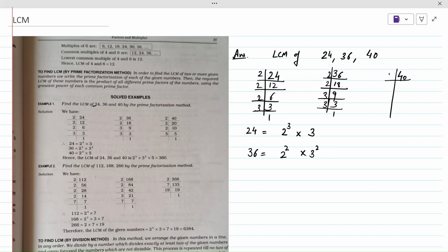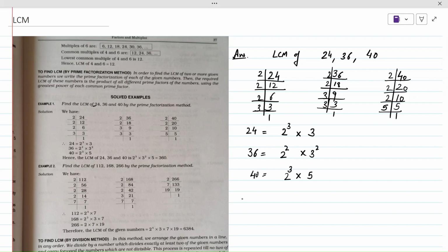For 40 we have 2 into 20, 2 into 10, 2 into 5, 5 into 1. So for 40 what I have is 3 times 2, so 2 raised to the power 3 and 1 time 5. Okay, so now what we have is we have all the prime factors of the given numbers, and now we have to find the LCM.